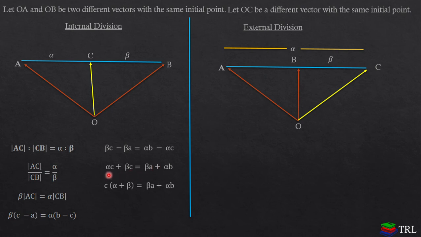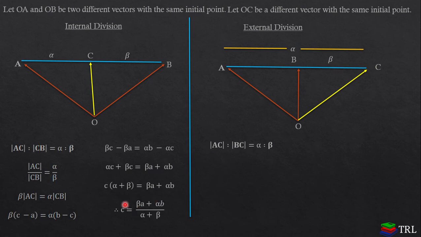Grouping like terms, we have alpha C plus beta C equals beta A plus alpha B. Factorizing the common expression out to this vector C, we have C times alpha plus beta equals beta A plus alpha B. Making C the subject, we have beta A plus alpha B all on alpha plus beta.